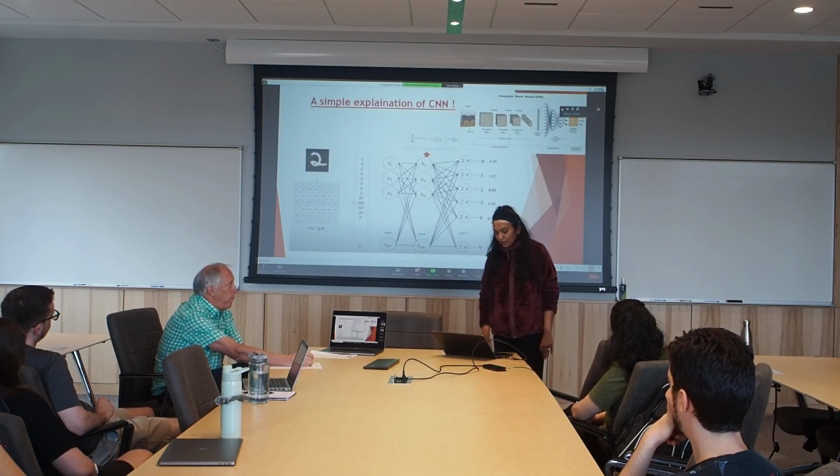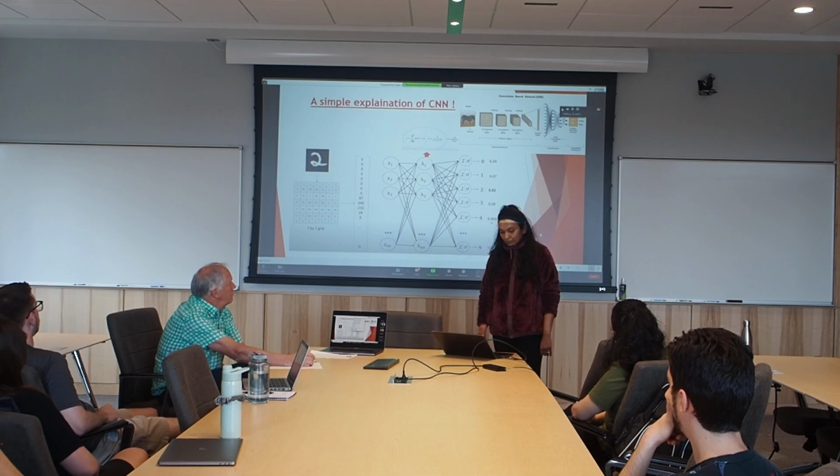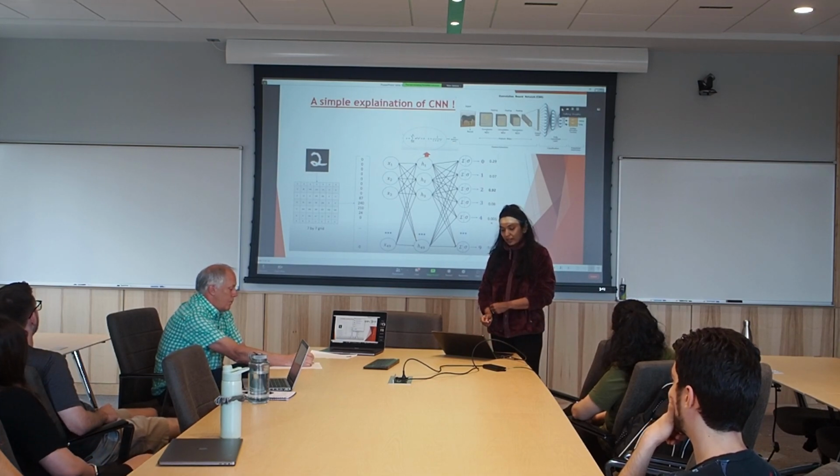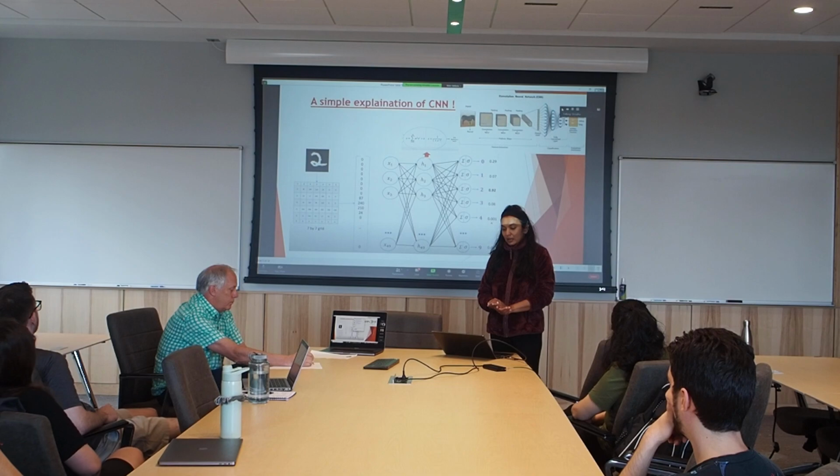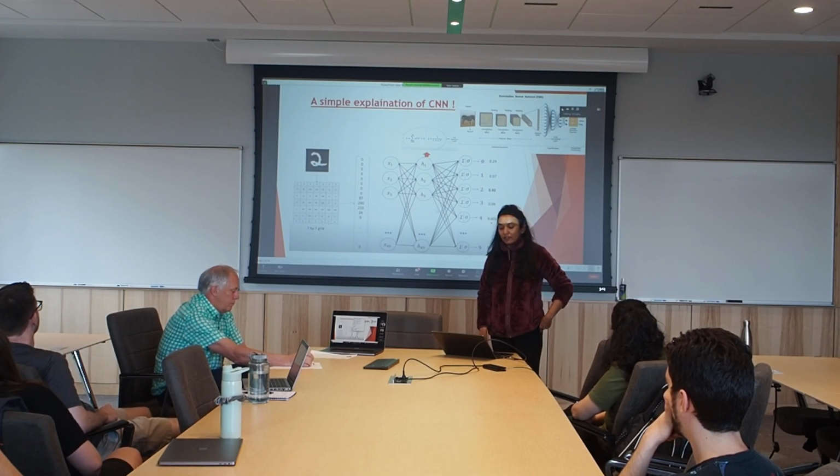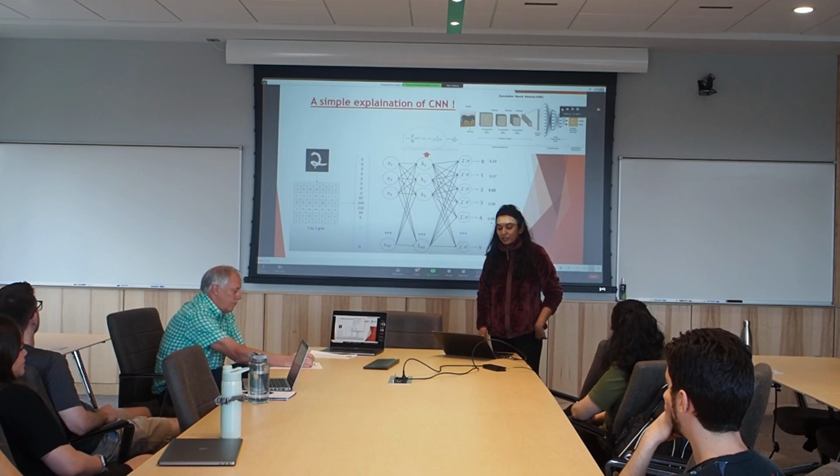I will now try to explain how we are converting an image to a number. To give a very simple example, you see on the left side of the screen, I have taken a very binary, black and white image.